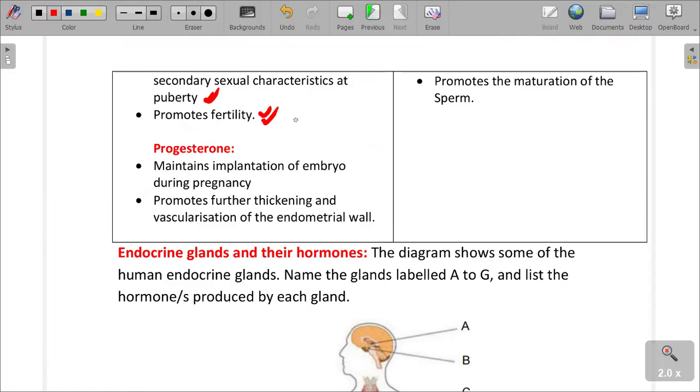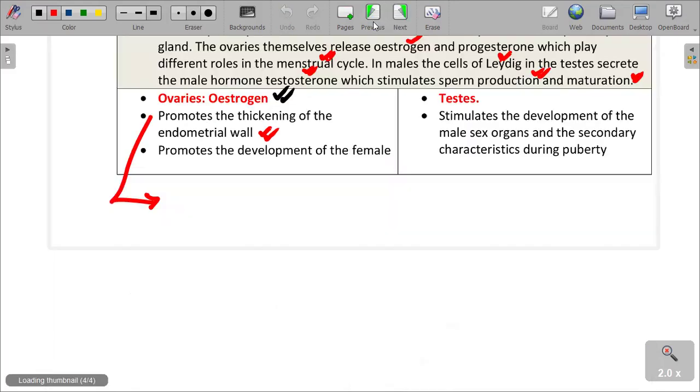This is quite related to each of the items that we discussed: estrogen promotes the development of the female secondary characteristics, and as those happen, we would also have the preparation for pregnancy, which is thickening of the endometrium walls.